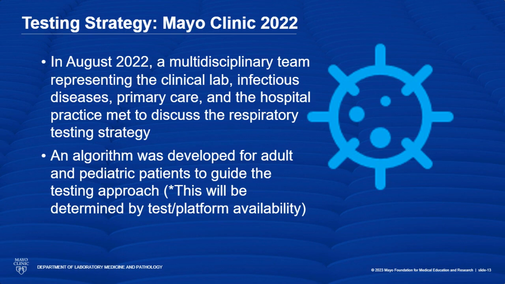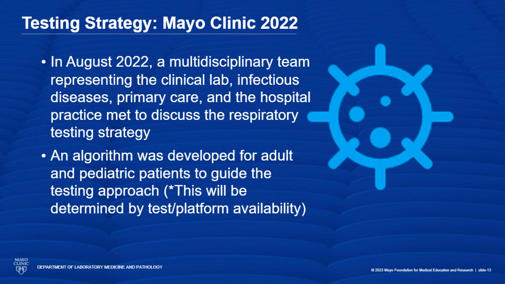Now, again, I just want to emphasize that any algorithm that you might put together is going to be determined and highly dependent on the tests you have available, the equipment and platforms that you have in your clinical laboratory, and also what patients in your region have available to them for at-home or point of care testing.